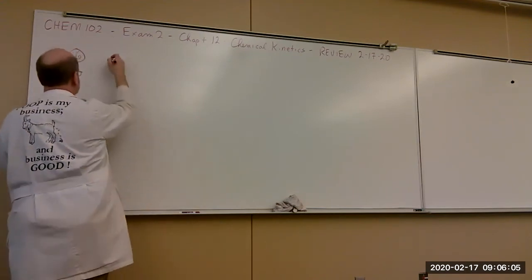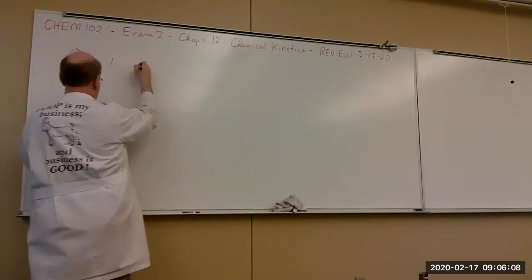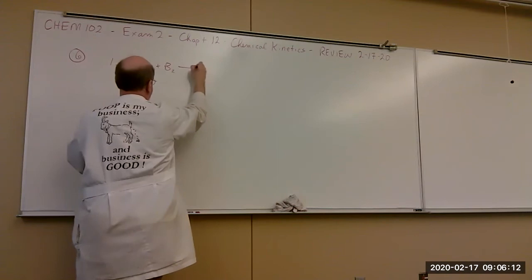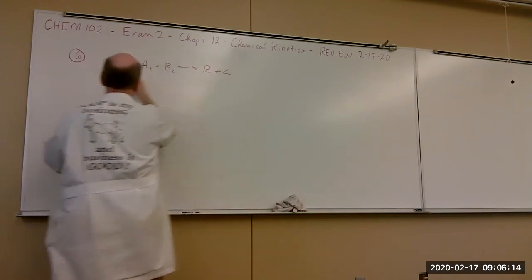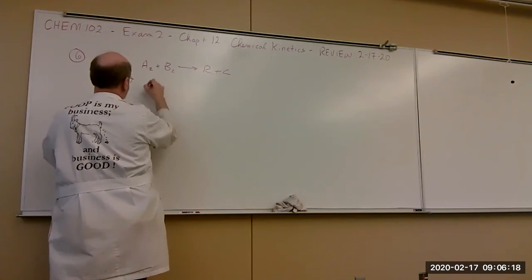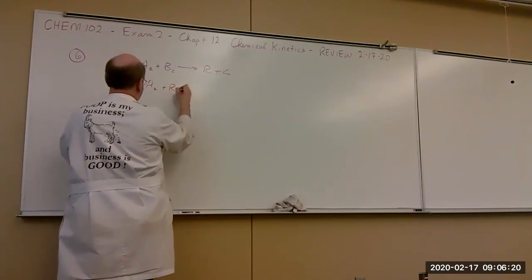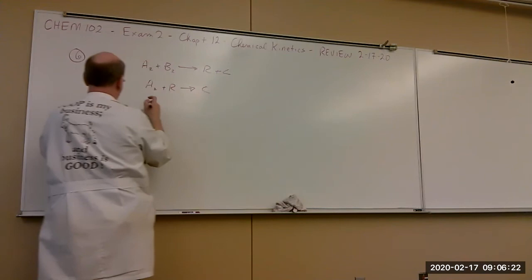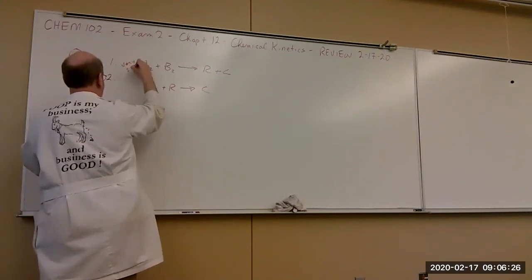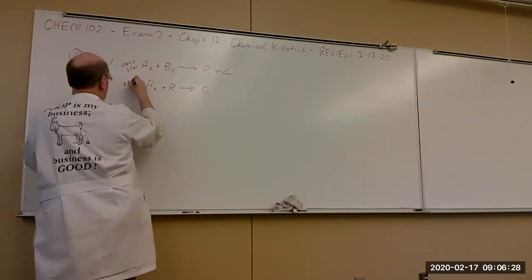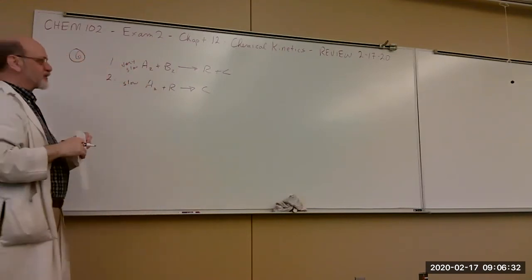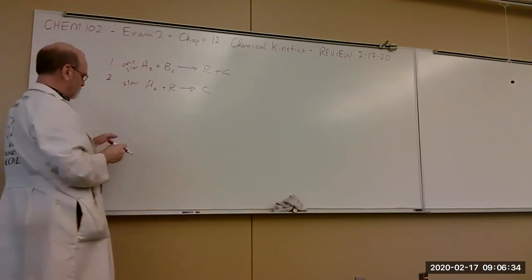So if we have step 1 is this one, and step 2 in our mechanism is this one. And this one is very slow, but this one is only slow, right? So it's relative. The slowest step is the rate determining step.